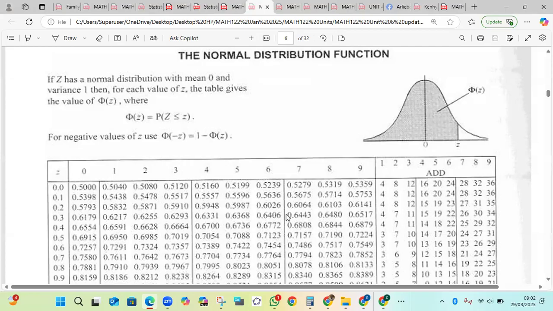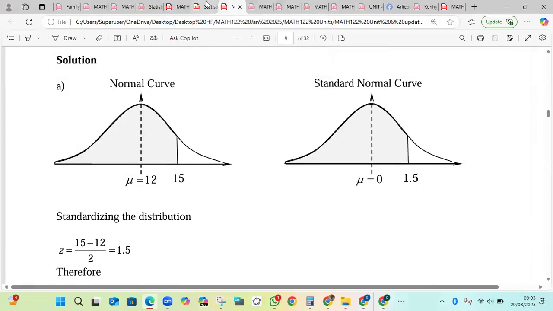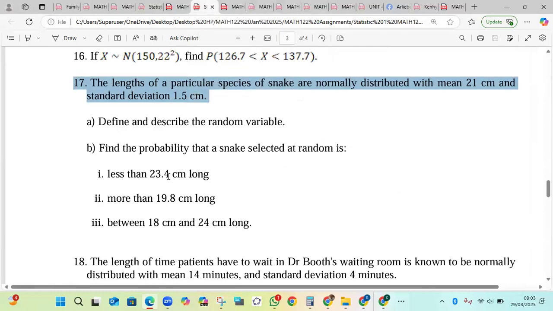For this question, you should get your value straight off the table because it's a phi of a positive value, since 23.4 is greater than 21. That should give you your answer right away.